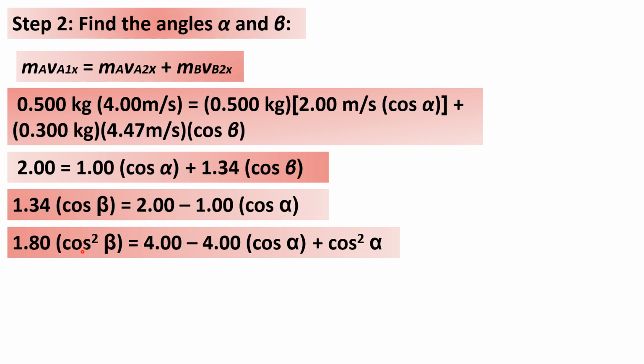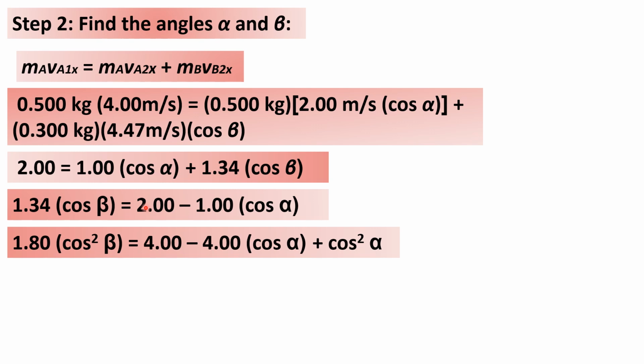Of course, cosine beta, the square of that is cosine squared beta, equals the square of 2, which is 4.00. But in squaring this right side of the equation, you have to apply a mathematical rule in algebra, which will result in this.